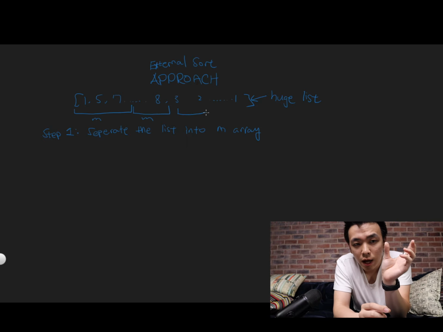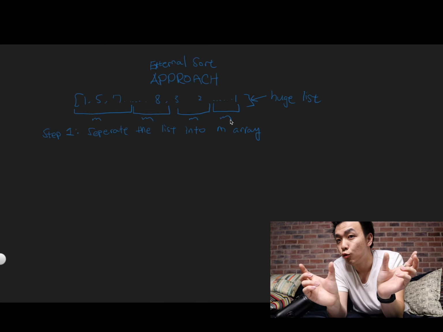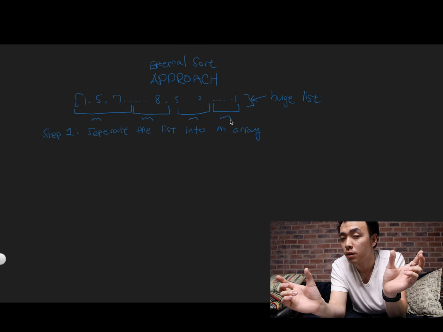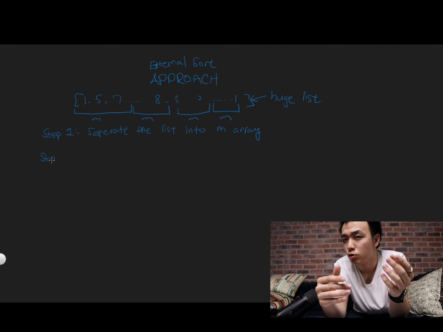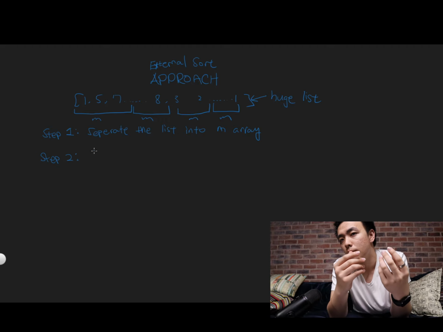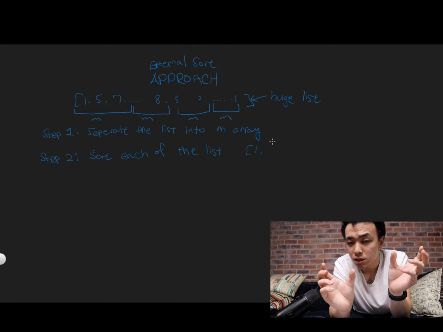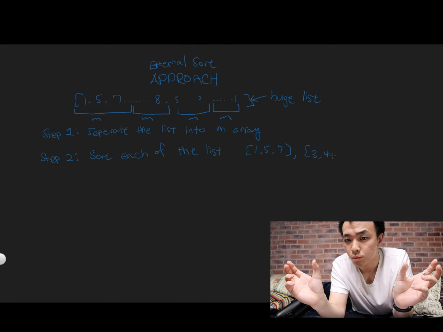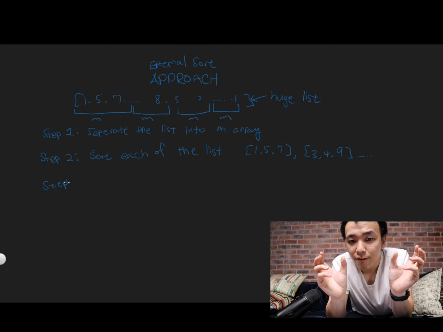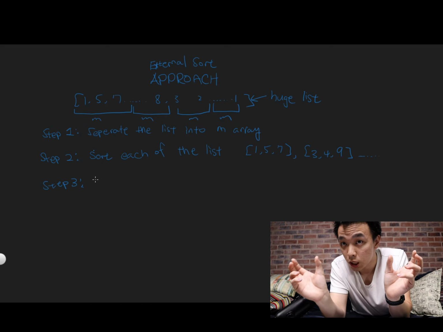So now you have 10 chunks of 1 GB that are sorted, and you can use any sorting algorithm: merge sort, quick sort, any type of algorithm. The important thing is that all these chunks should be sorted first.